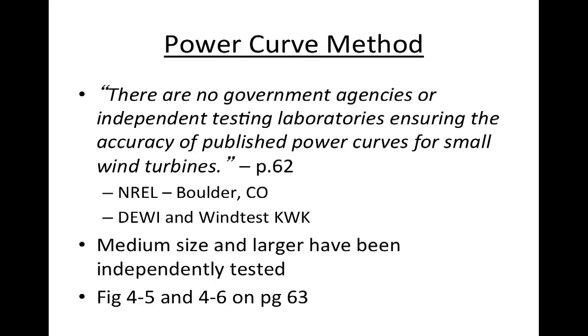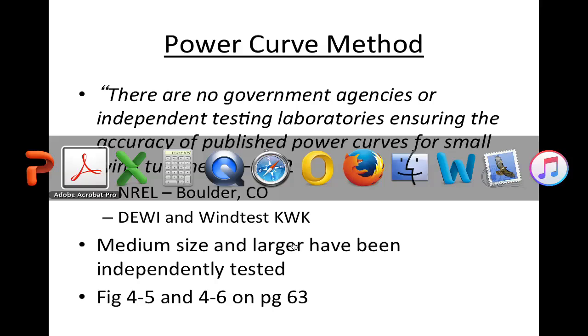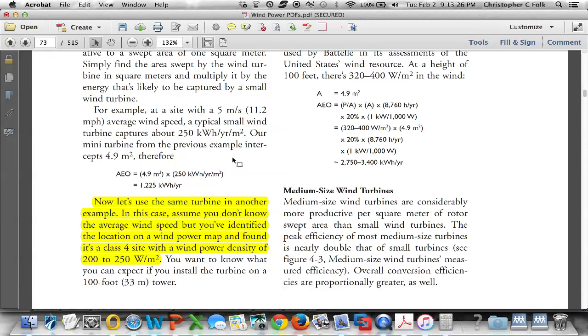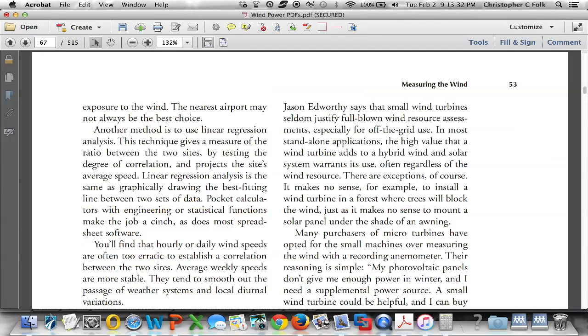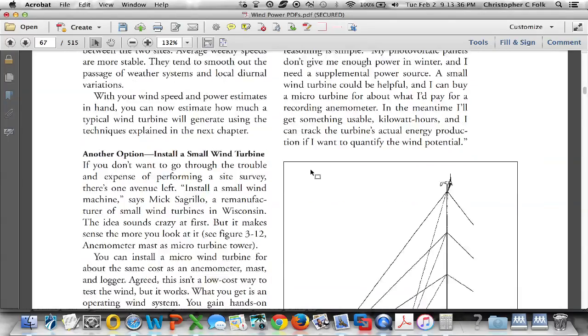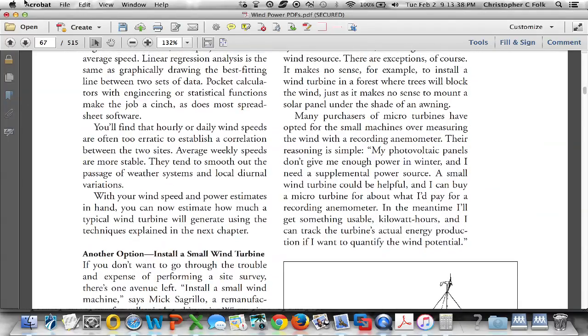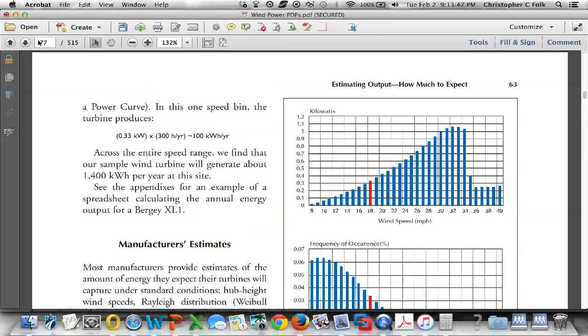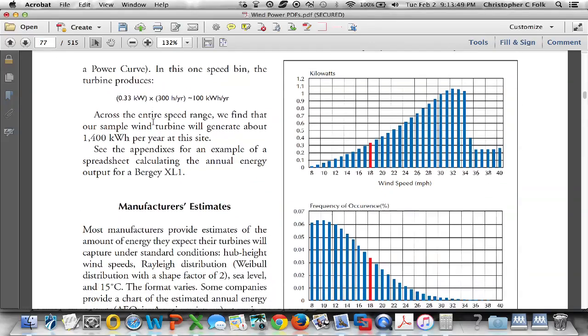So if we go back to the text now on page 4-5 and figures 4-5 and 4-6 on page 63, I want to show you these charts.